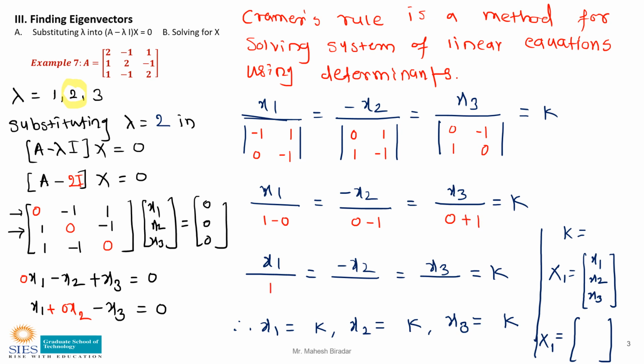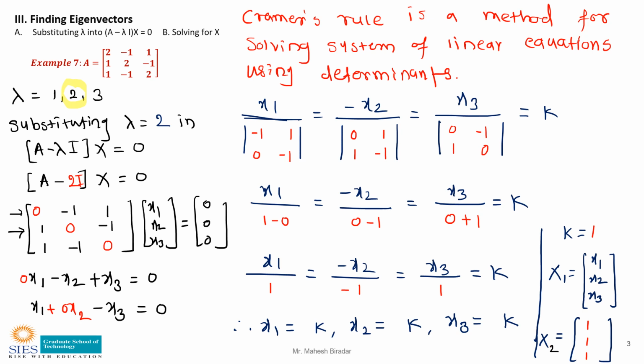So x1 divided by 1, x2 by minus 1, x3 by 1. So here you will get x1 is equal to k, x2 is equal to k, and x3 is also equal to k. K is any arbitrary number. You can take k is equal to 1. So finally, this is your second eigenvector for lambda equal to 2, which is 1, 1 and 1.